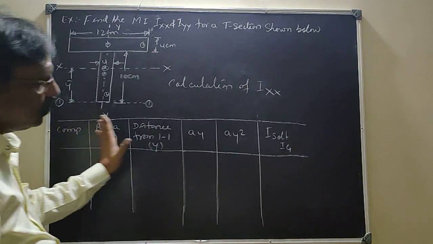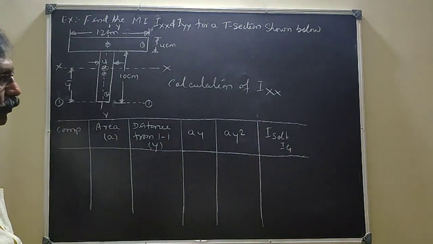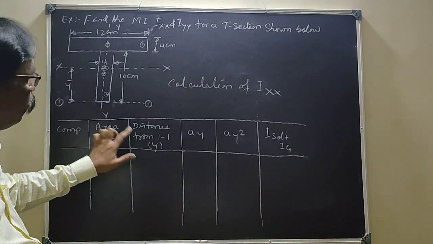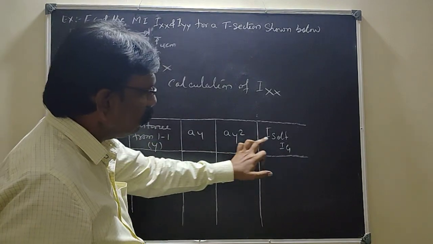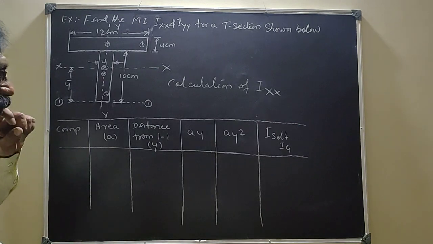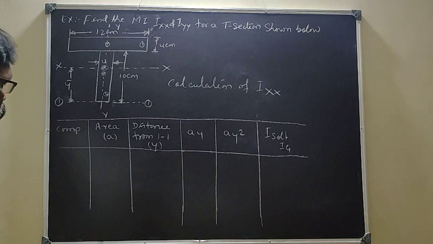Now, putting this into a tabular column, it will be simpler to understand and perform. In this we have component, area, distance from reference axis, ay, ay square, and I self, that is Iz, the moment of inertia of each unit about its own centroidal axis.